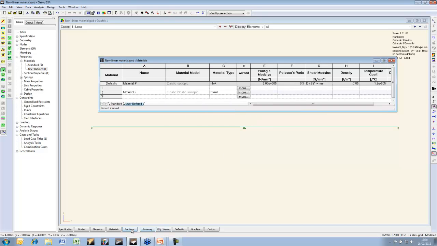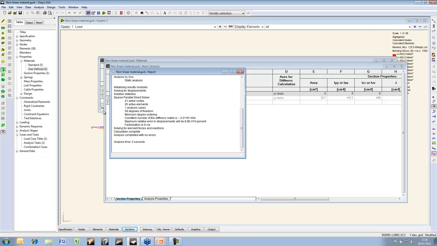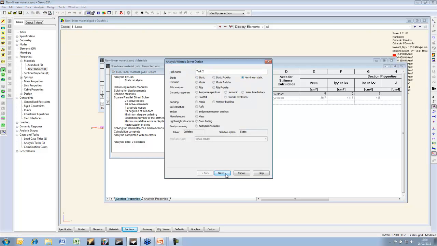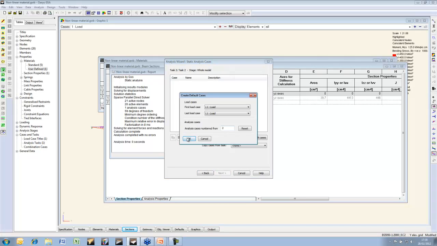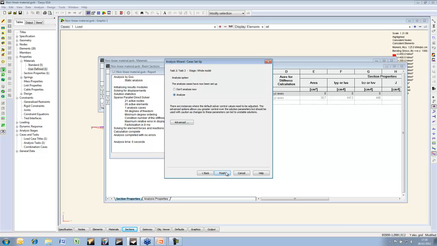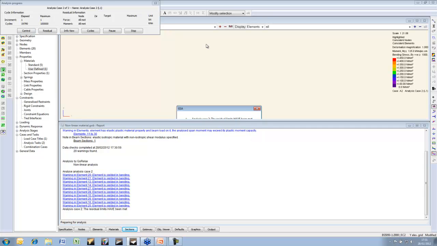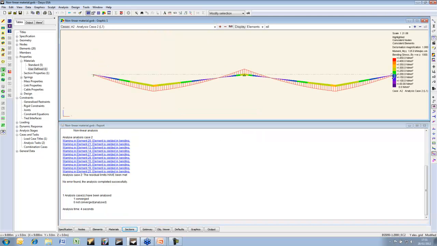What this means, if we look at our section, is that it is using that material. Again I'll rerun the linear analysis, but I'll also call up a nonlinear analysis, just taking the default loads, not multiplying them. If I rescale that, under the nonlinear analysis, you see from part 2 we've had material yielding.